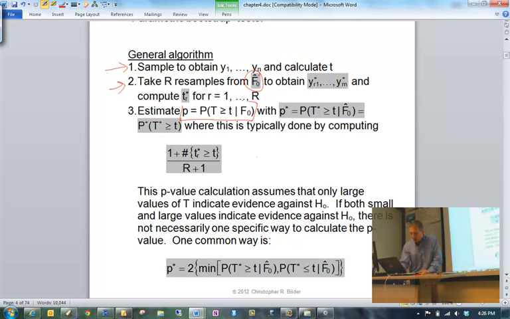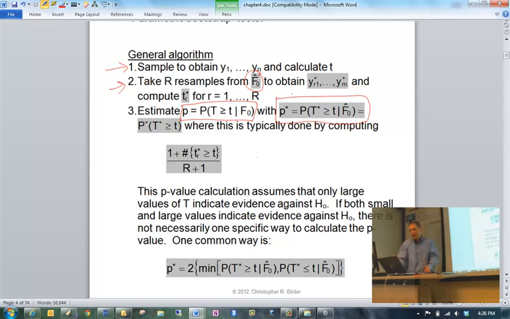Again, what we want is this p-value. How do we estimate it? It's called the estimate of p star, and find the probability that t star is greater than or equal to the observed test statistic value given sampling is coming from f hat 0.